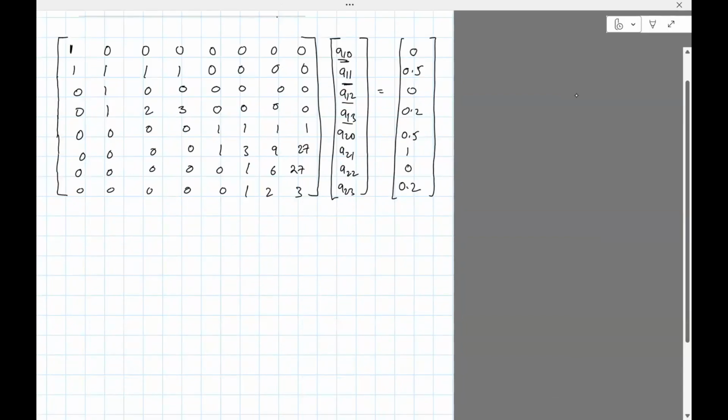Okay, so what we have is, let's call this matrix the capital A. Let's call this matrix B, and let's call this vector, or matrix, the way you like to call it, small a.